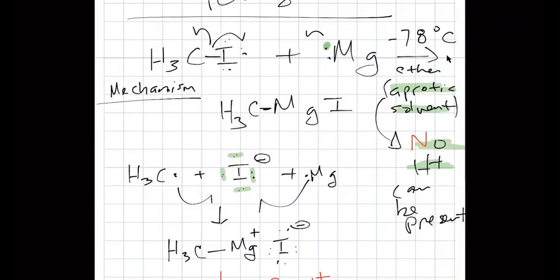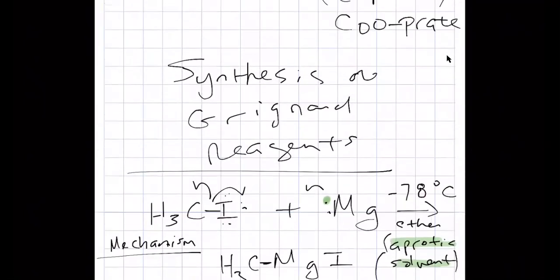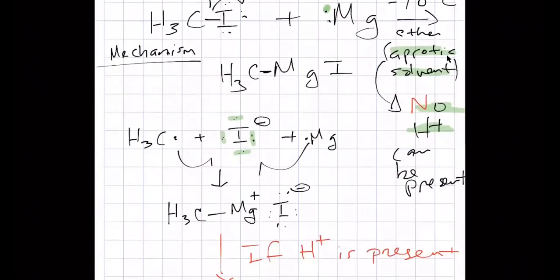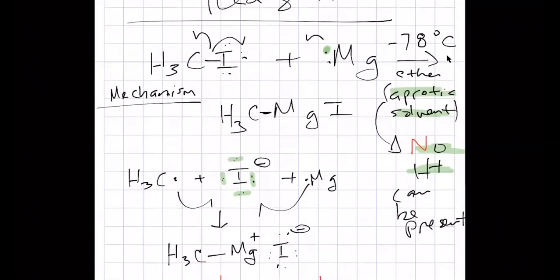All right. So the first topic is the synthesis of organometallics. Grignards you make by stirring an alkyl halide with magnesium metal at -78 in an aprotic solvent.